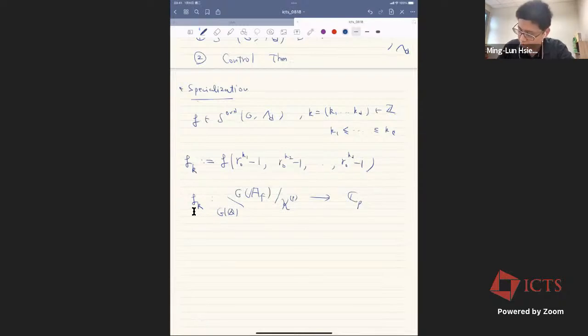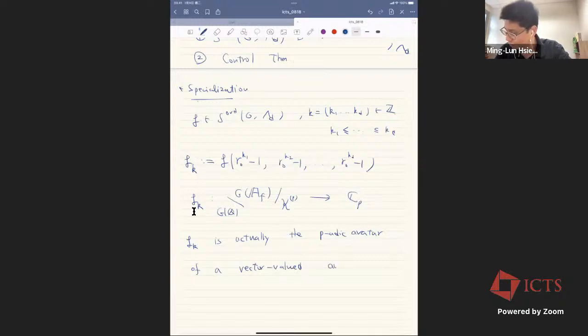Okay, and F_K is actually the p-adic avatar of a vector valued automorphic form, which I denote by phi_{F_K}.